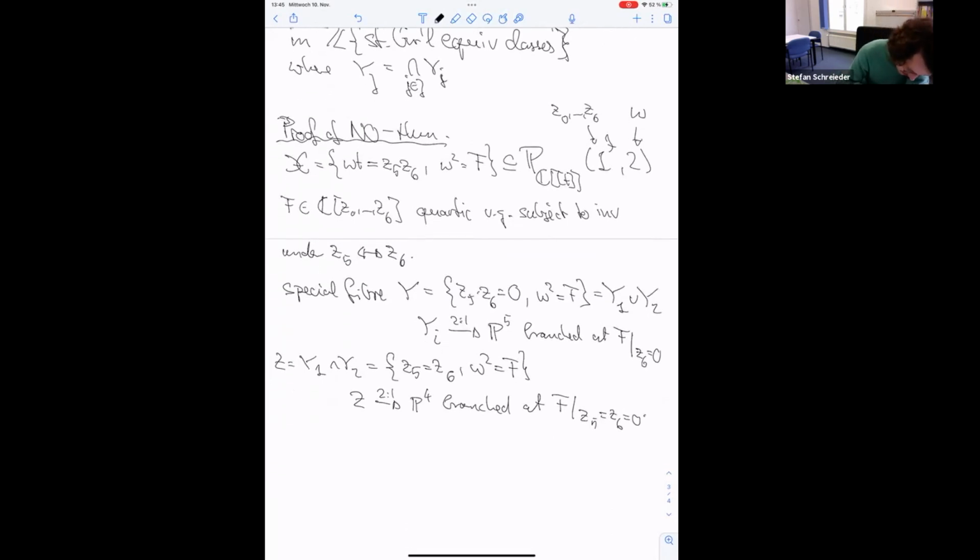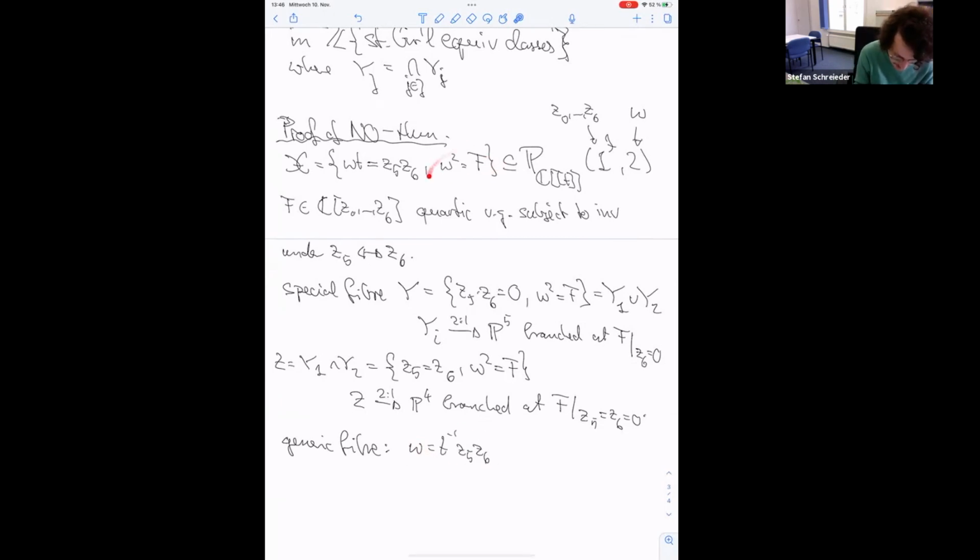Okay, so what about the generic fiber? Well, the generic fiber, we can invert T. So we can solve here for W, and W will just be this expression.